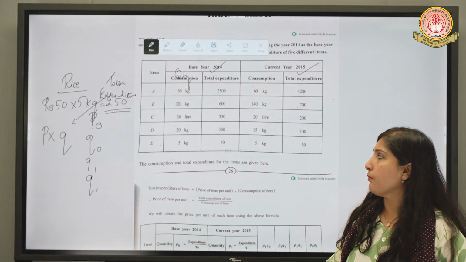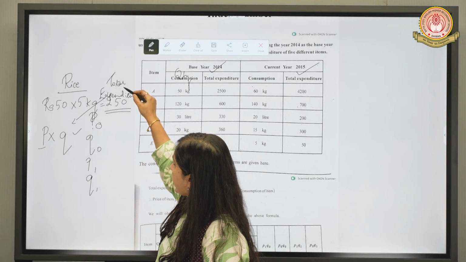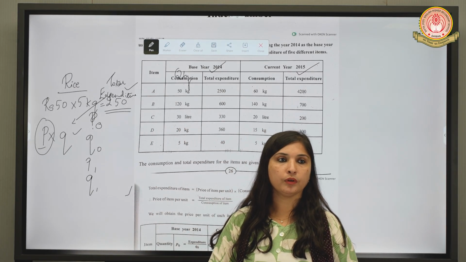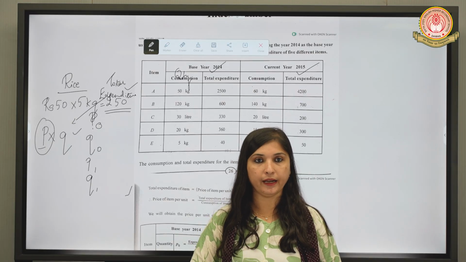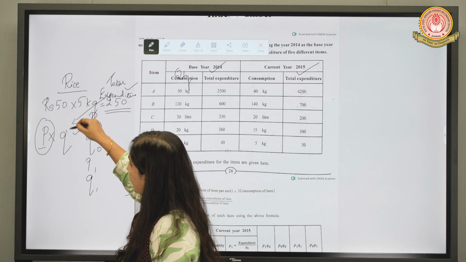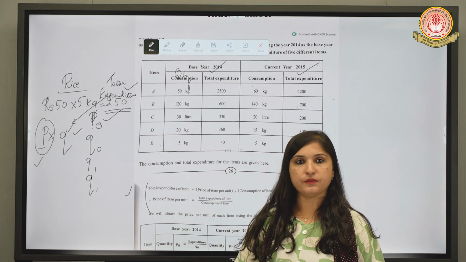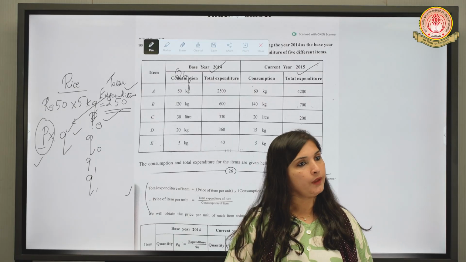In some question, if the price is not given but quantity and expenditure are given, can you find the price? How? You just divide the total expenditure by quantity and you will get the price, right? If quantity is not given, but price and expenditure are given, we just divide the total expenditure by price and we get the quantity. Is it clear?